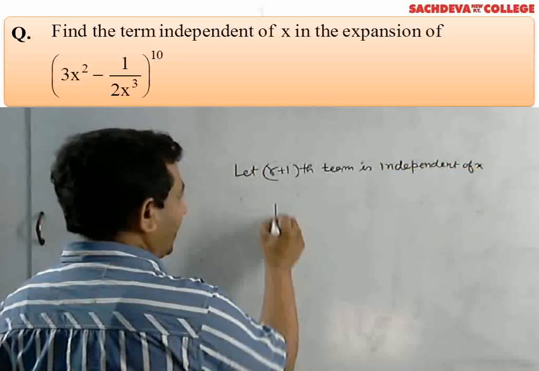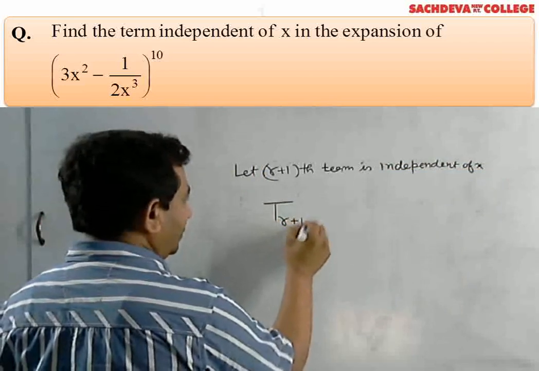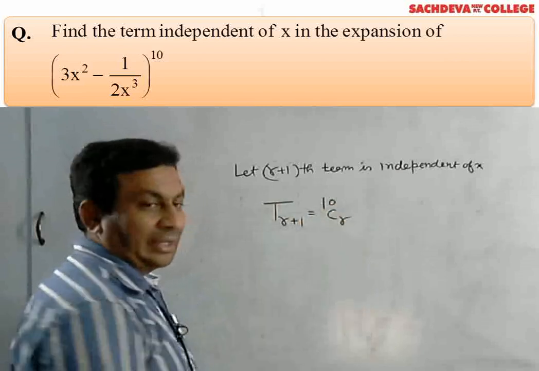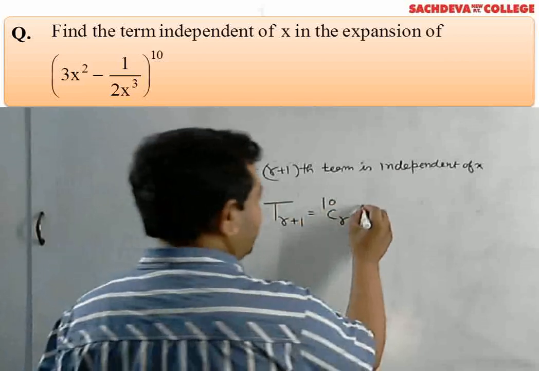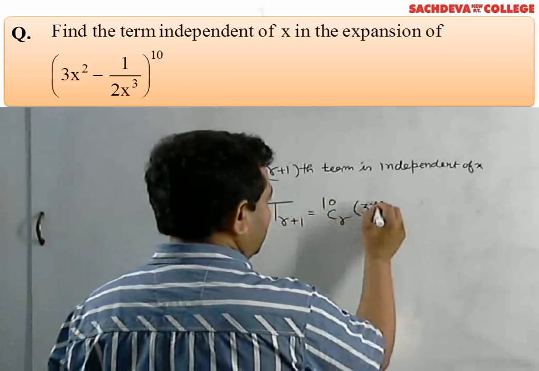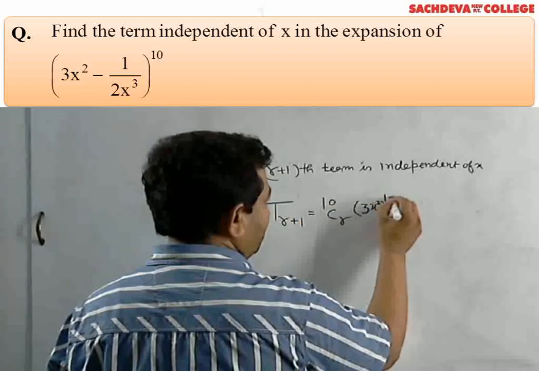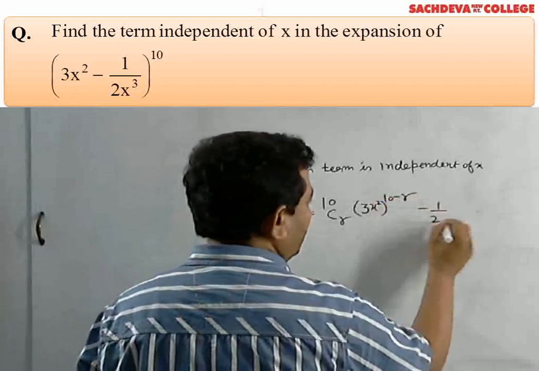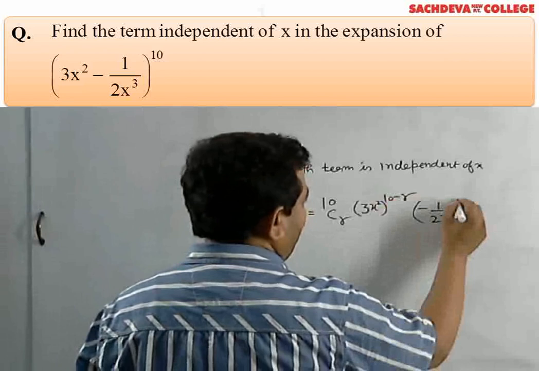So T(r plus 1) will be equal to nCr x to the power n minus r, it means 10Cr, (3x square) to the power 10 minus r, into y to the power r, and y is (minus 1 upon 2x cube) to the power r.